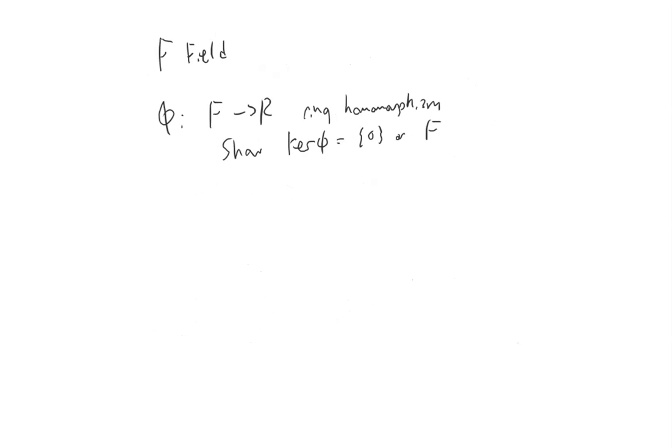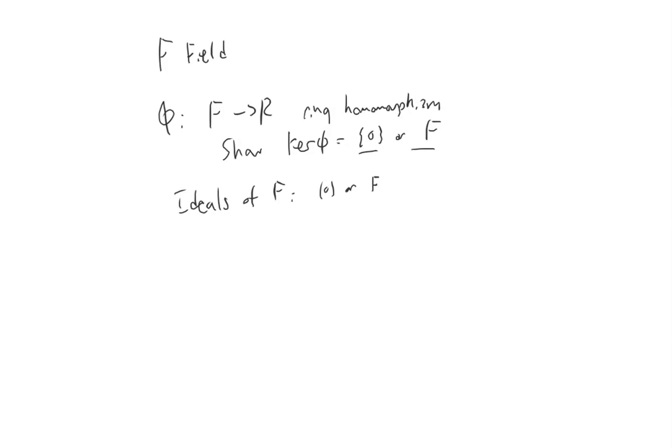This is easy. So let me ask you, what are the ideals of F? Remember, ideals are stuff with the magnet property, right? F is a field. It's 0 or F, right?